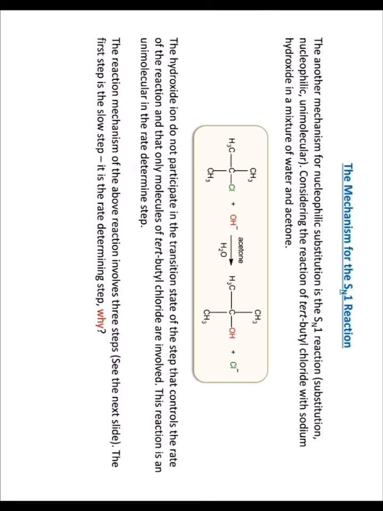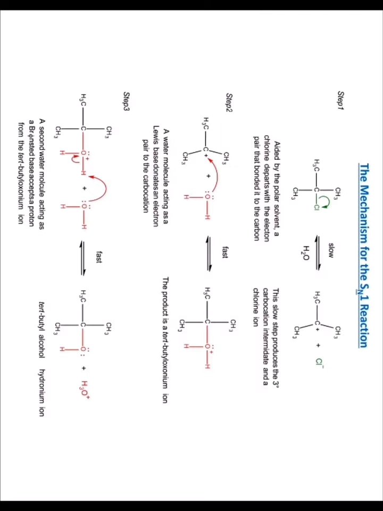So to initiate this reaction, only tert-butyl chloride will start in the first step, and the hydroxy ion will come later. We will see what we mean by that in the next slide. If we look at the first step in this mechanism, we will see it is unimolecular, there is only one molecule to start with.